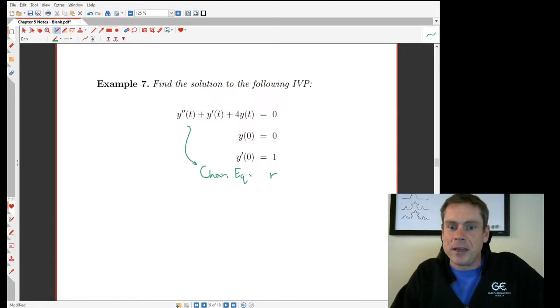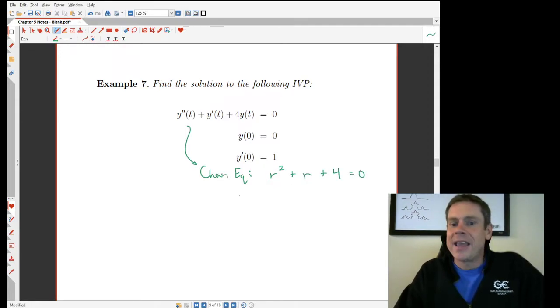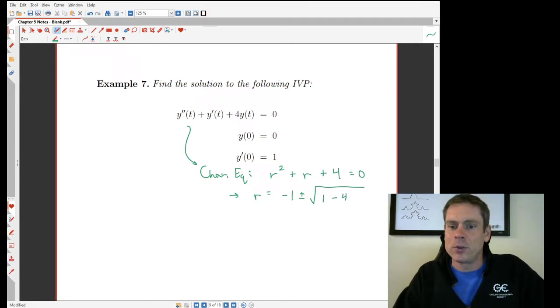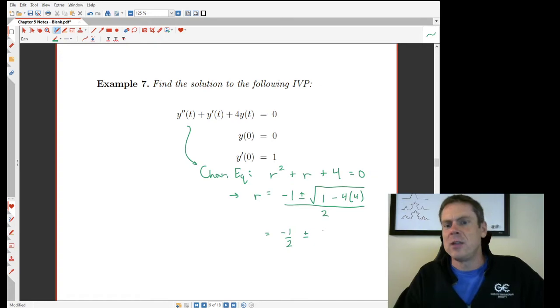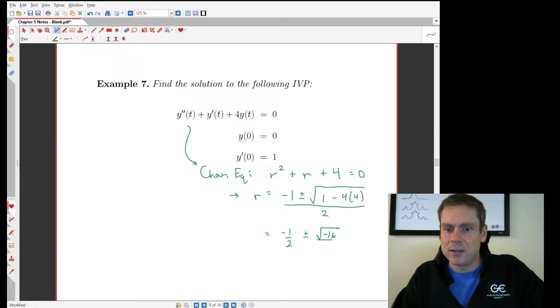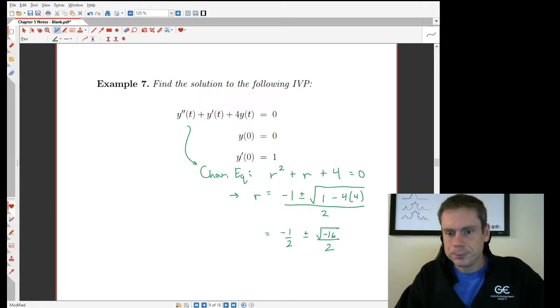And it's going to be r squared plus r plus 4 equals 0. I can't see a good way to factor that, so we'll use the quadratic formula. Negative b plus or minus the square root of b squared minus 4 times a times c all over 2a. I think at the end we get minus 1/2 plus or minus, and then 1 minus 4 is negative 16 over 2.